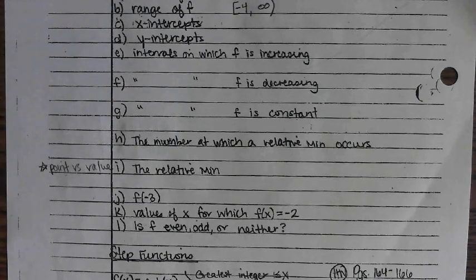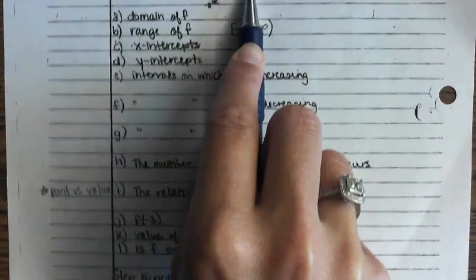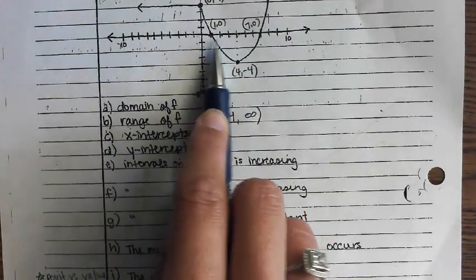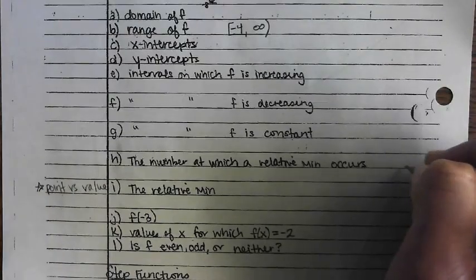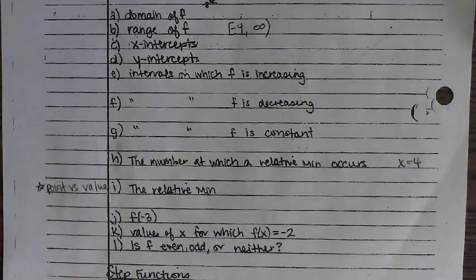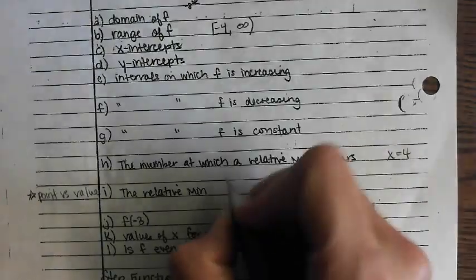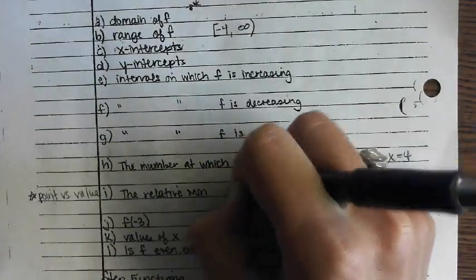Okay? So the number at which the relative minimum occurs, and this 4, -4 is our relative minimum point. The number at which it occurs is an x value of 4. So you would just say 4 or x equals 4. If it says the relative minimum point, we say 4, -4.